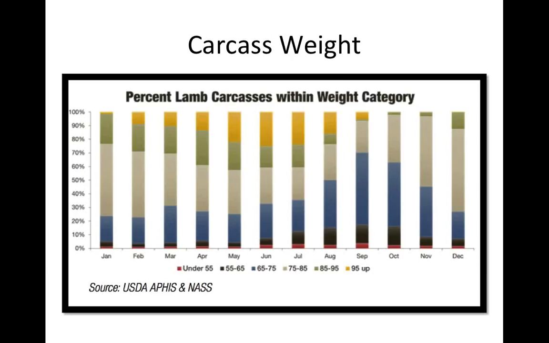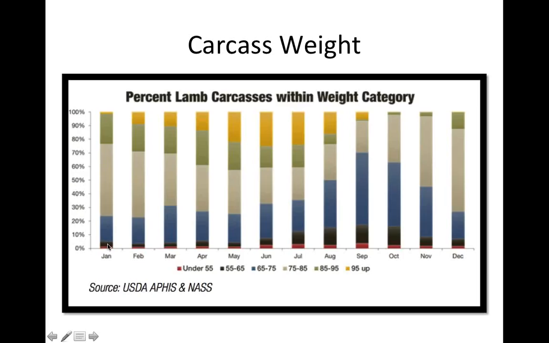So what we did is we went through and sorted this by month by carcass weight categories. And so what you'll see here is each month there's a number of different bars of different colors, and that's the weight category of lamb carcasses that are going into the federally inspected chain. So in January, very few of those carcasses, let me see if I can get the mouse up here, very few of those carcasses are under 55.